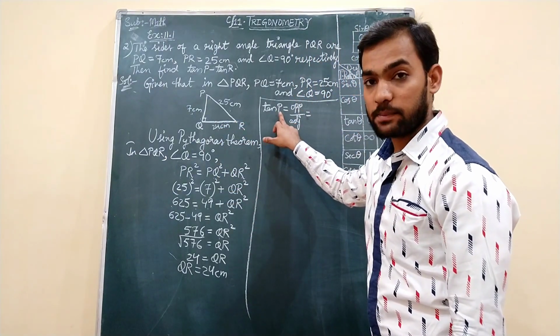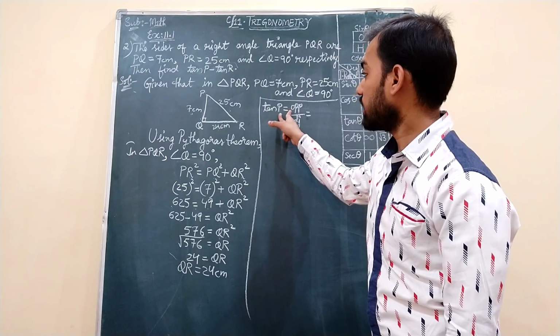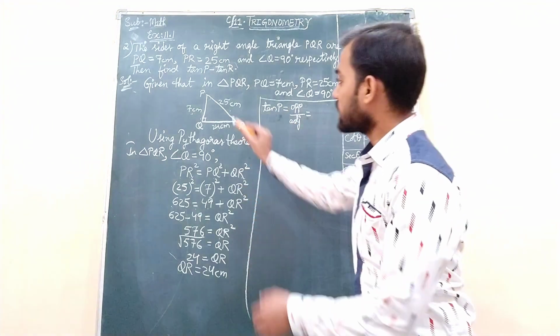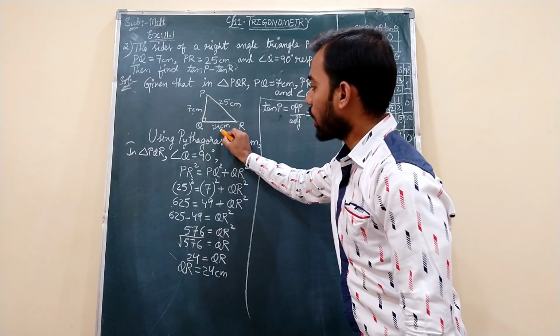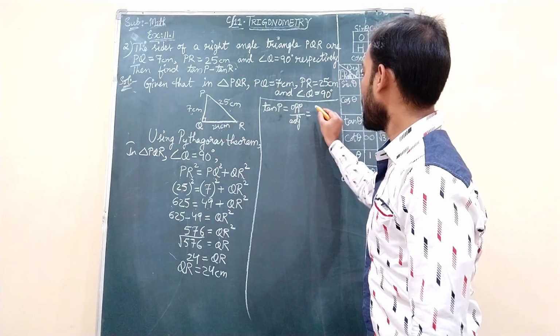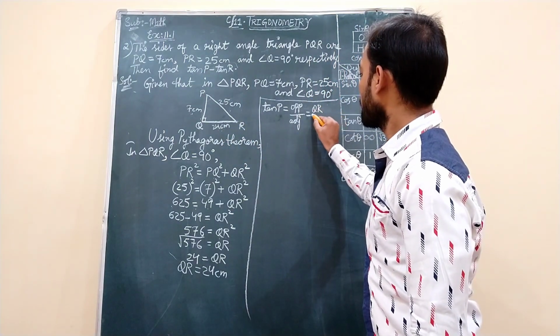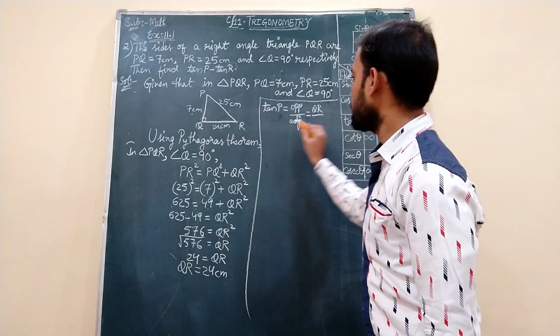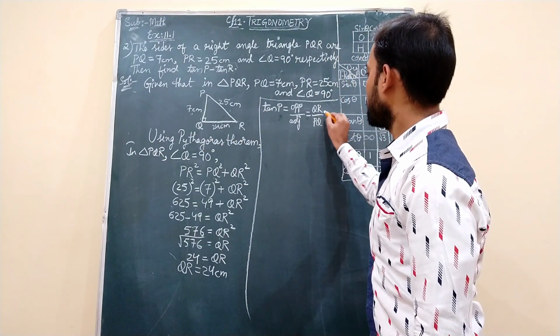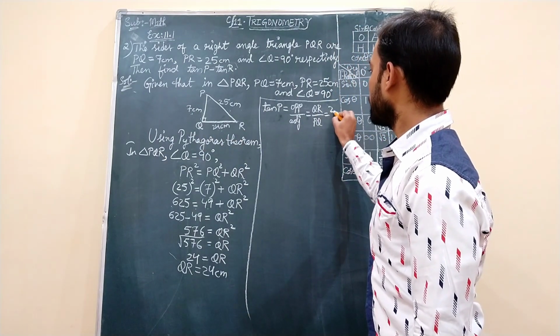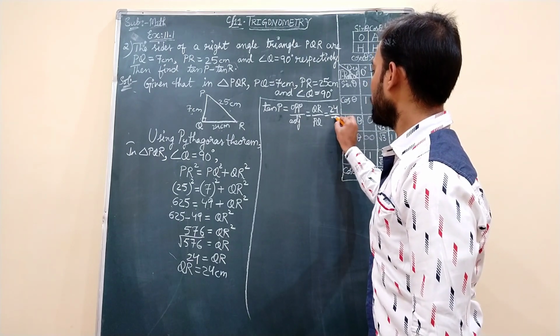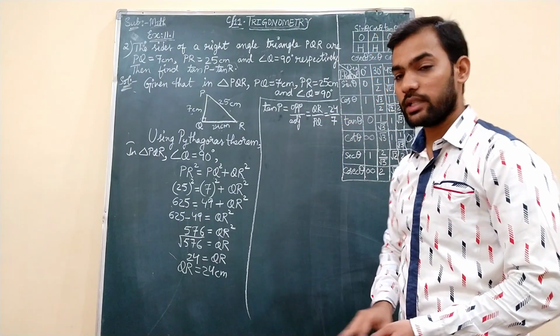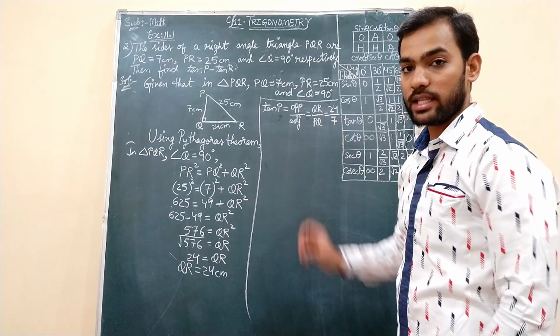Tan P, with respect to P we are seeing opposite and adjacent side. So with respect to P, this is the opposite side, which is QR, and this is the adjacent side, which is PQ. So it means that QR is 24 and PQ is 7. Understand students? Tan P value is 24 by 7.